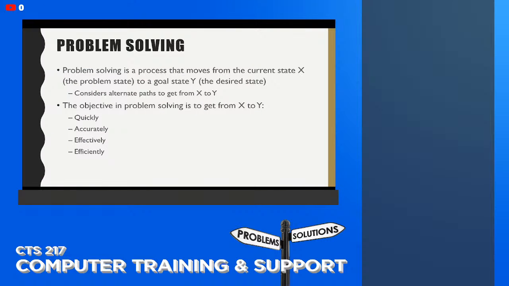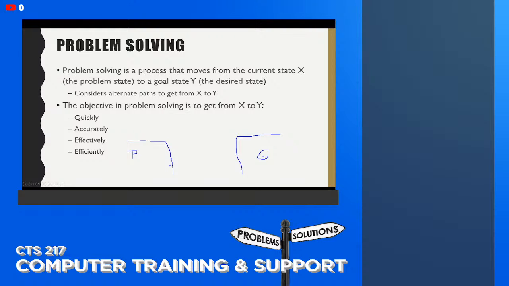But whenever we're thinking about problem solving, essentially we're thinking about a process that takes us from our current state to our goal state. Right, and this will be a drawing that you see me do a lot over the remainder of the course. But essentially we have a chasm, right, between our problem state and our goal state.